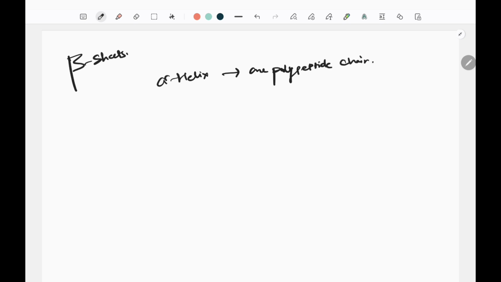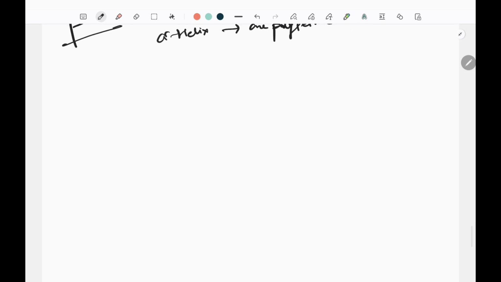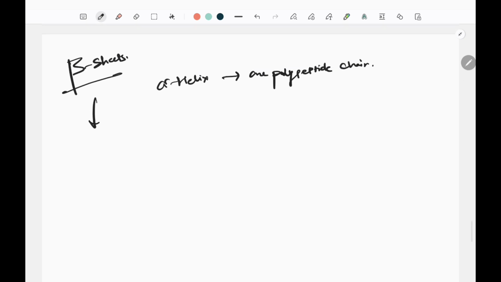Comes the part beta sheets. Like discussed, alpha helix only involves one polypeptide chain, right? But beta sheet does not follow the same structure. It can have two or more polypeptide chains together.